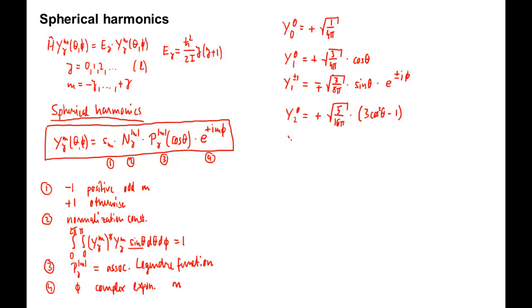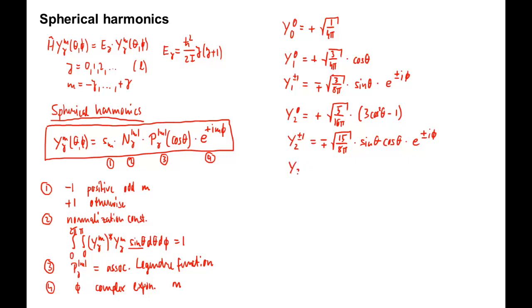Next comes Y_2,plus-minus 1, so m equals plus or minus 1. It's given by minus-plus square root of 15 over 8 pi times sine theta cosine theta times e to the plus-minus i phi.